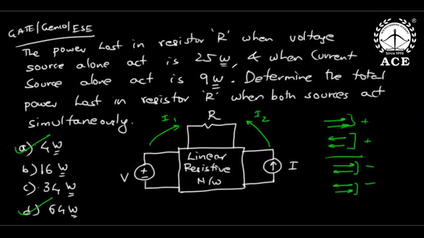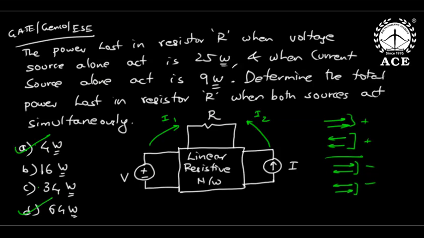Now these are important box models, where a linear resistive network is excited by 2 independent sources. He said when the voltage source alone acts, power is 25 watts, and when the current source alone acts, power is 9 watts. Determine the total power in the resistance when both sources act simultaneously. Again, it is superposition theorem, but power is non-linear, so I will talk in terms of currents.